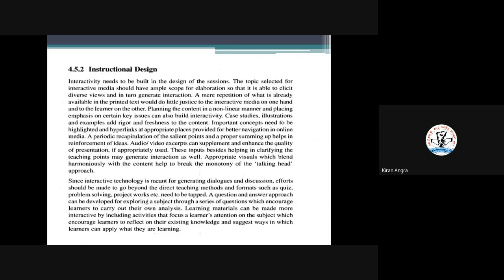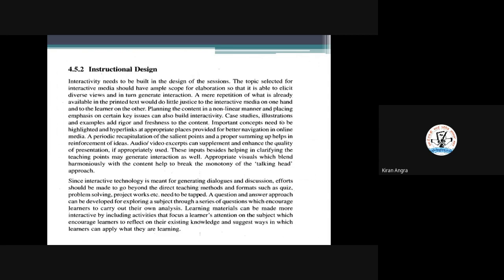Case studies, illustrations and examples can be taken up, and importantly, you should design it so that there are a number of hyperlinks that help you navigate, to move from one media to another, so that you can understand the topic well.